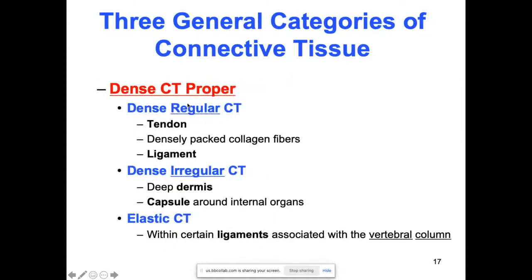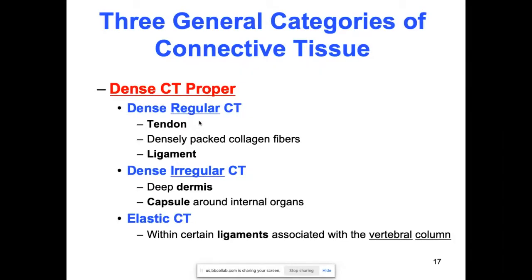We look at dense. This is when we're going to have collagen fibers, the protein fibers, more closely packed together, especially with dense regular. So we have dense regular connective tissue and dense irregular connective tissue. With dense regular, we have these densely packed collagen fibers found in tendons and ligaments that are interwoven parallel to one another.